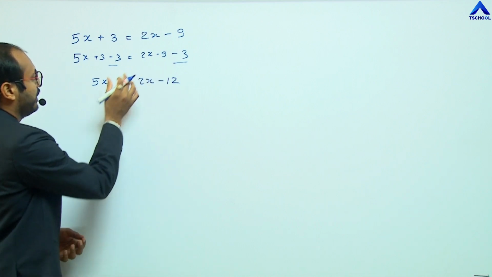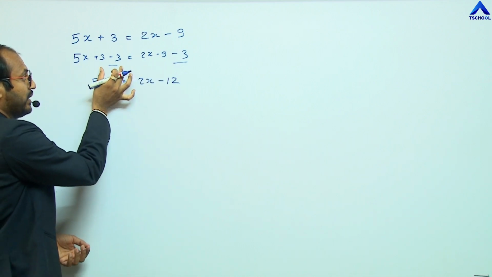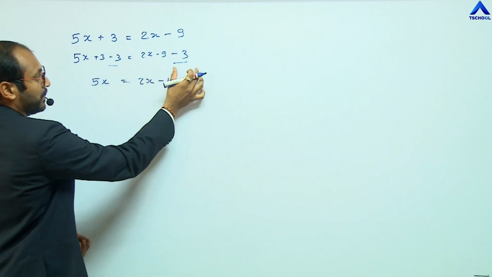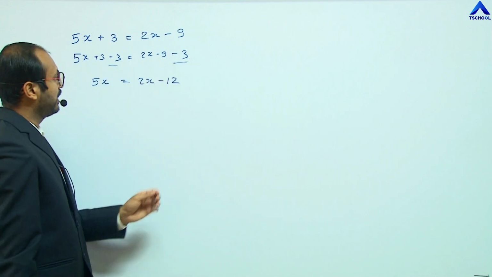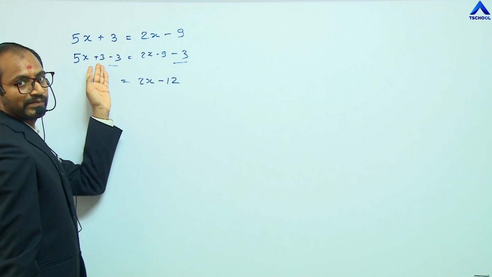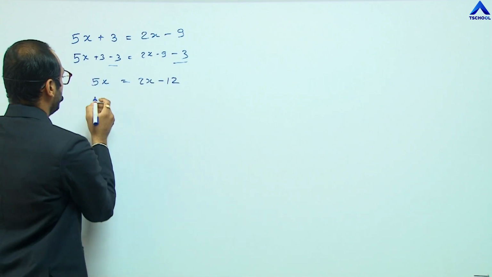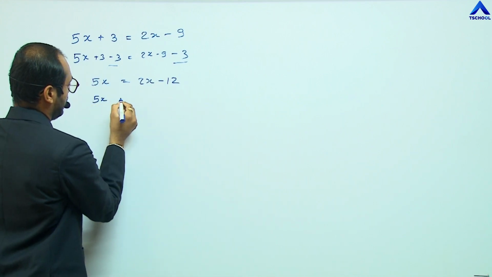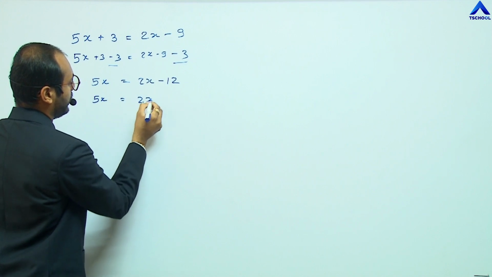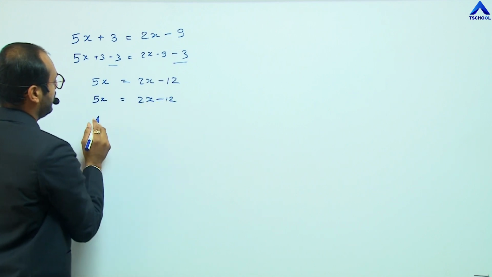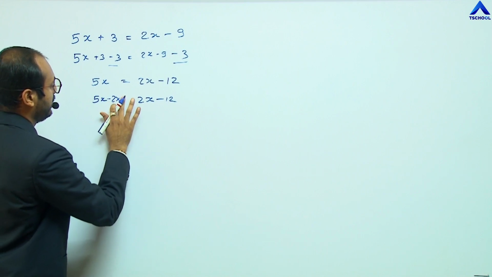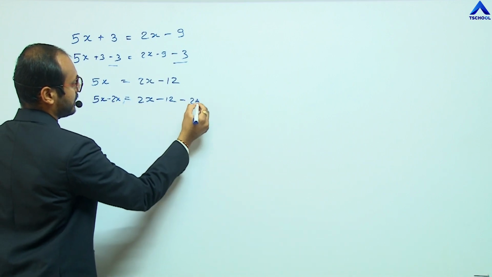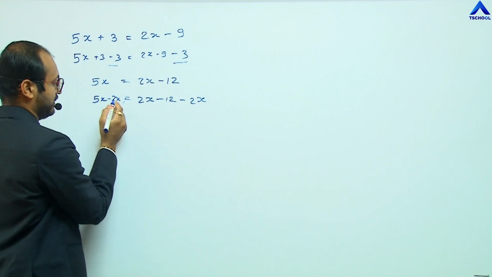So we can take its additive inverse on both sides as we did for the number 3. So 5x equals 2x minus 12. Let me take minus 2x on both sides.